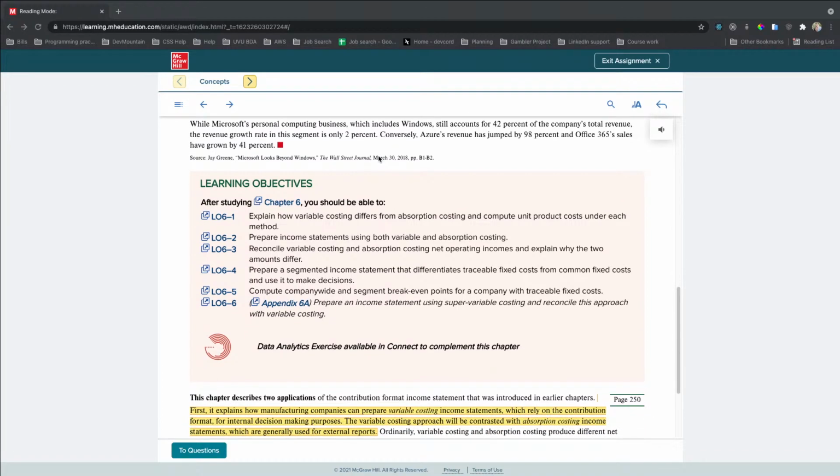While Microsoft's personal computing business, which includes Windows, still accounts for 42% of the company's total revenue, the revenue growth rate from this segment is only 2%. Conversely, Azure's revenue has jumped by 98% and Office 365 sales have grown by 41%.